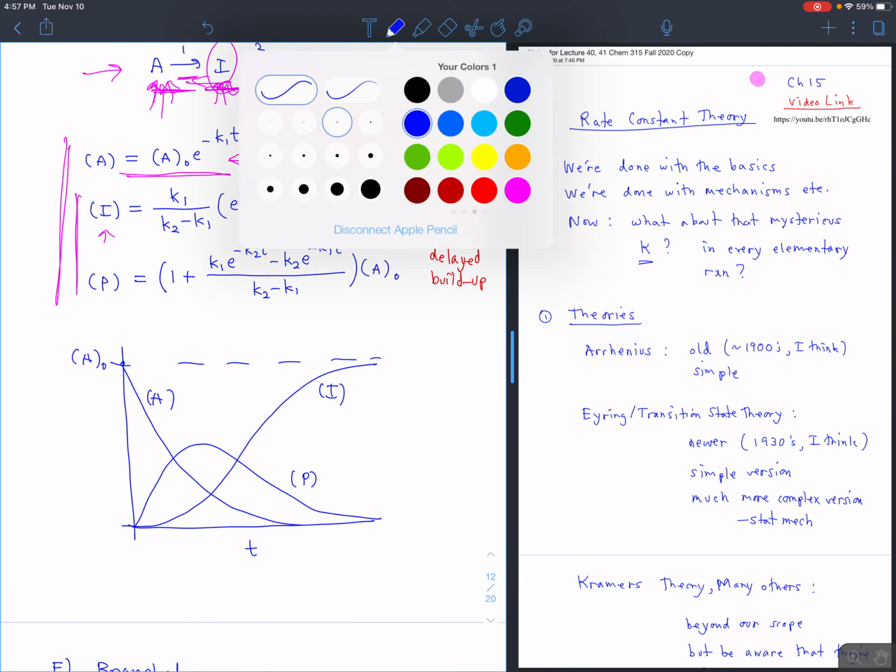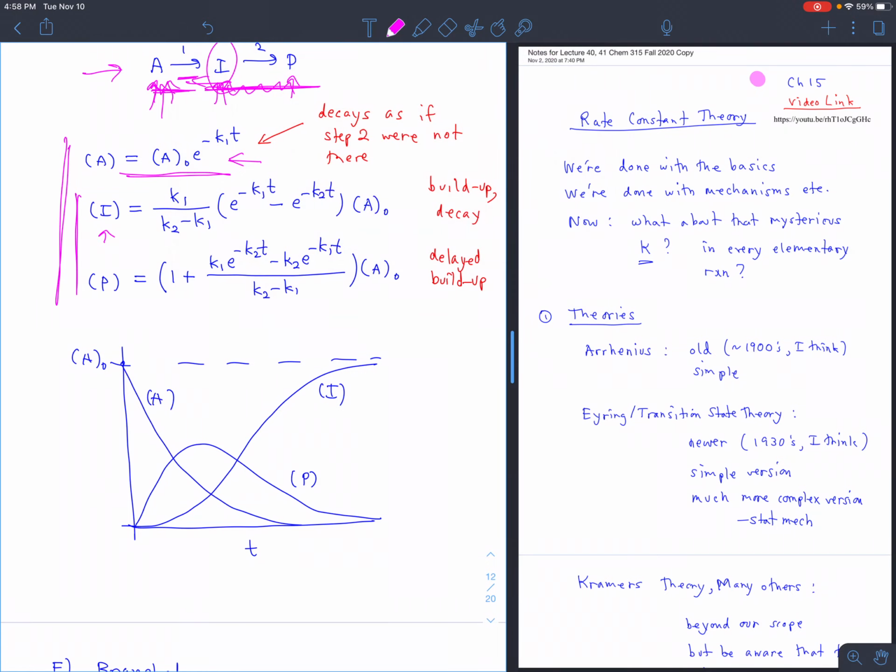For I, this function, it's not obvious, but if you look at it carefully, you can see how it works, describes a buildup and then a decay as I is first created from A and then is destroyed again in order to create P. And then P describes a delayed buildup because, oops, I've mislabeled everything here. That's P.